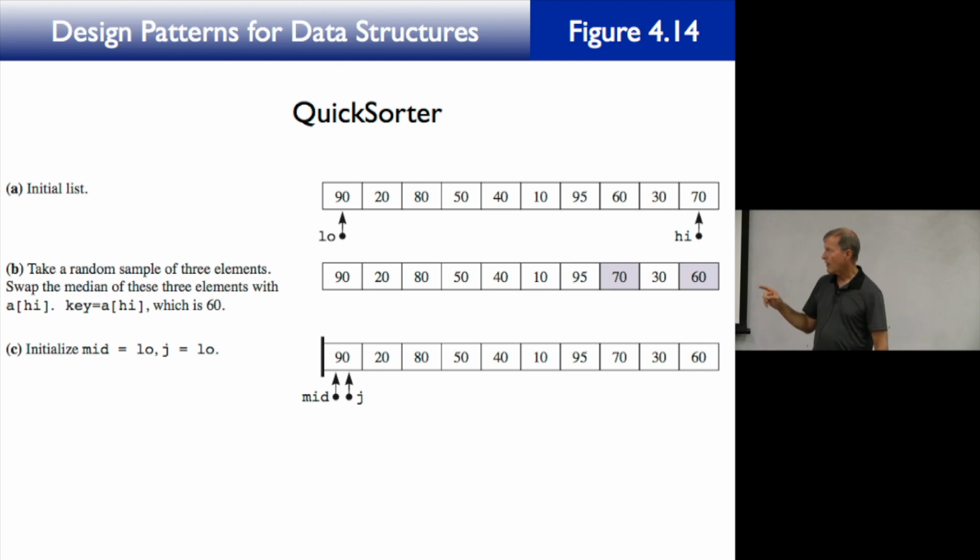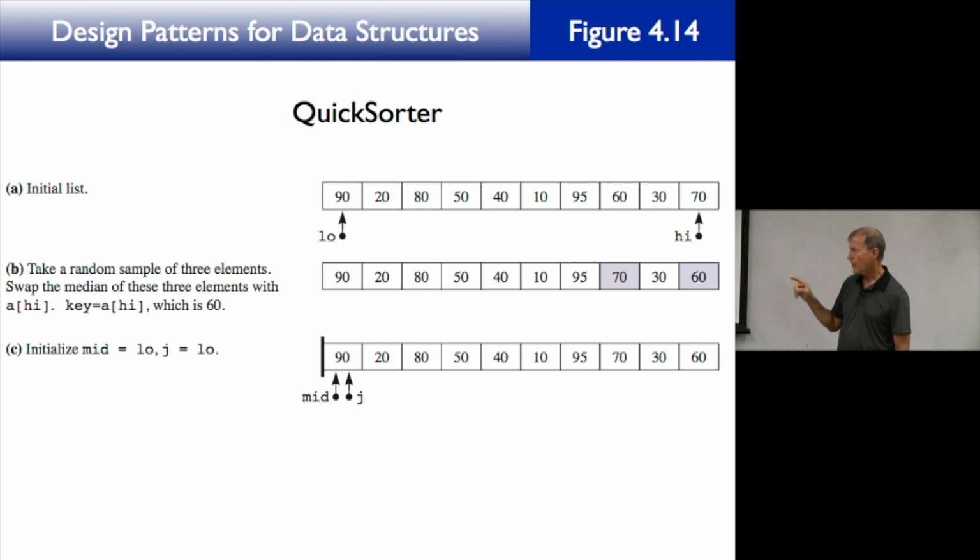But what we do now is, because in part C, j is equal to low, we compare the 90 with the what? 60. With the 60, because 60 is the key. Are you with me? Now, is 90 greater than 60, yes or no?